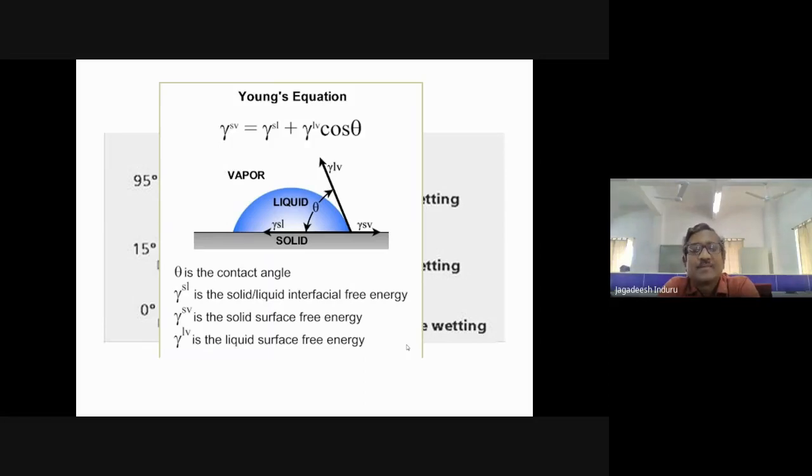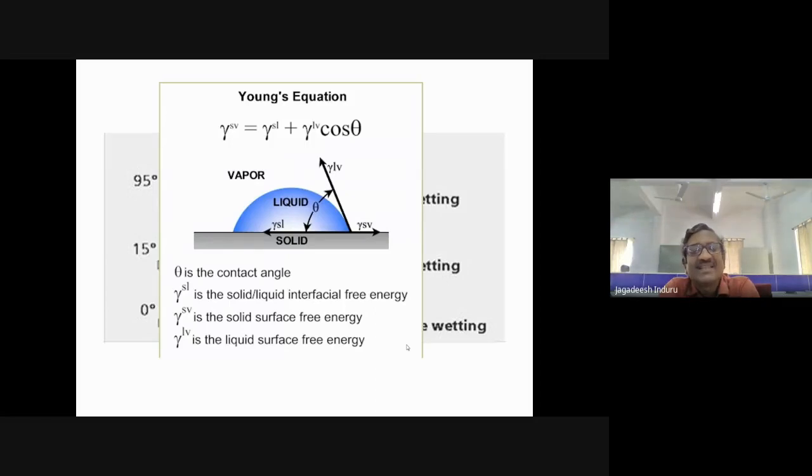This equation gives the surface free energy of each particle at its interface with another phase, whether it is exposed to the air or to the liquid. So what is its interface? The gamma SL, the suffix SL, is the solid liquid interface free energy, whereas gamma SV is the solid surface free energy. If the solid surface free energy is lesser and lesser, the contact angle is going to be lesser and lesser.